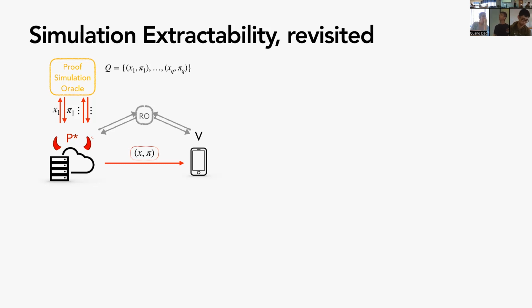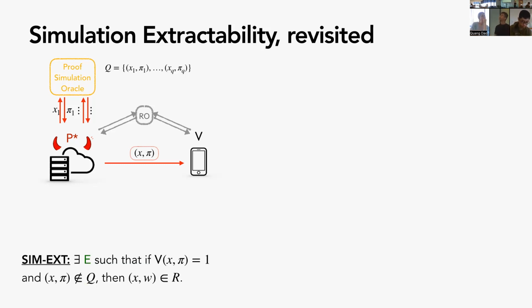When the prover sends a statement and proof to the verifier, what SIM-EXT says is that there exists an extractor such that if the verifier accepts and this is not a simulated proof, then the extractor can extract out a witness that satisfies the relation, a satisfying witness for the statement.